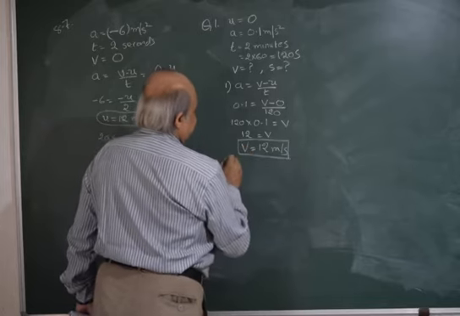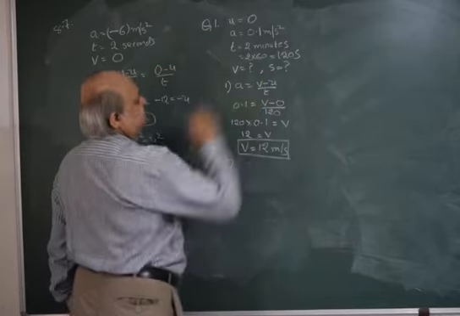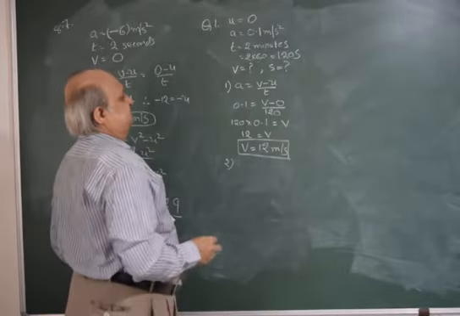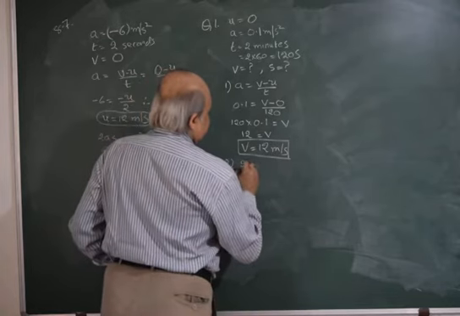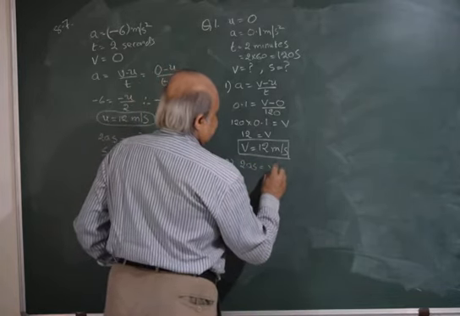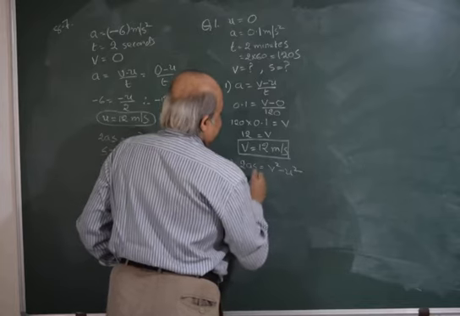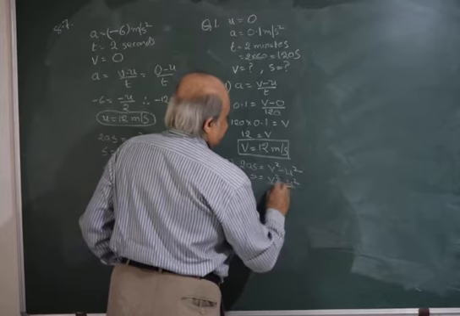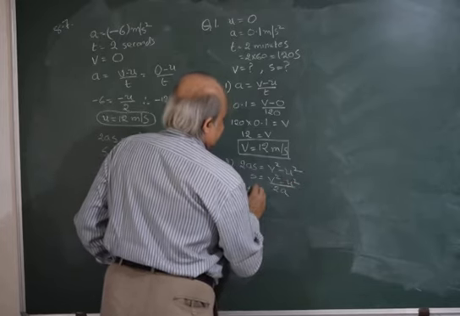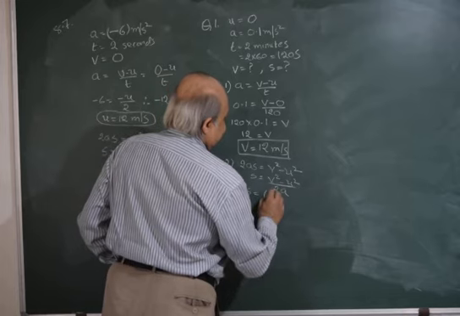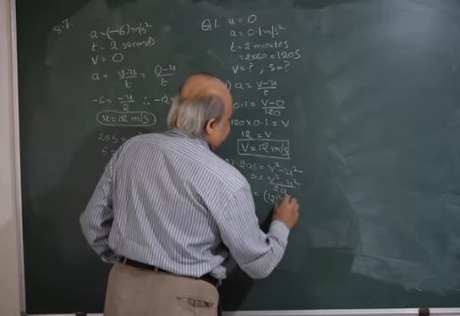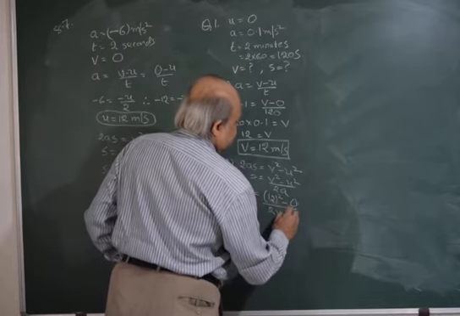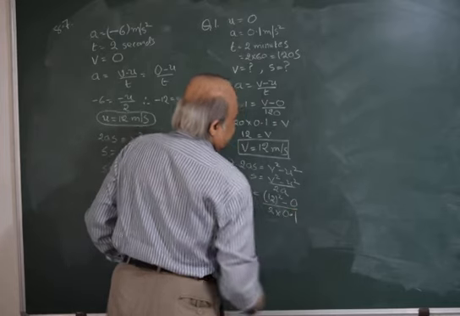The second question is the distance traveled s. Again, we can use 2as equal to v square minus u square, s equal to v square minus u square upon 2a. s we have to find. v square is 12 the whole square, minus u square is 0. 2 into a is 0.1.